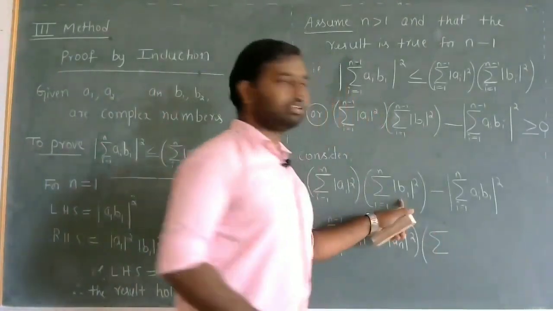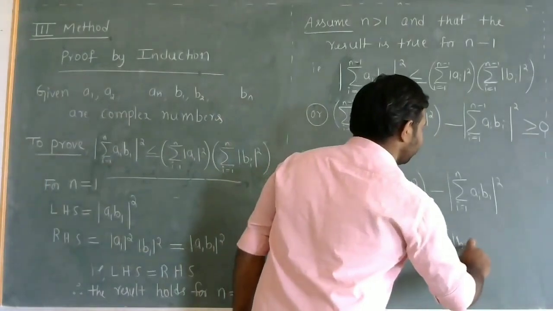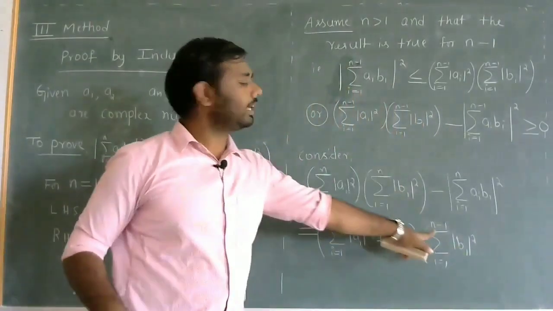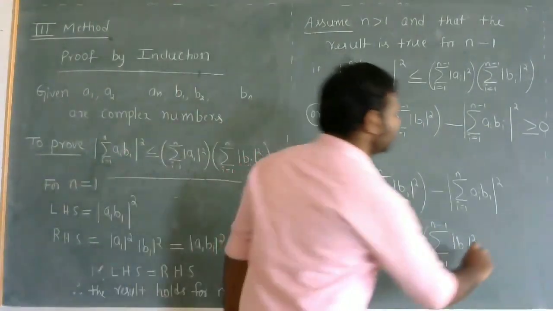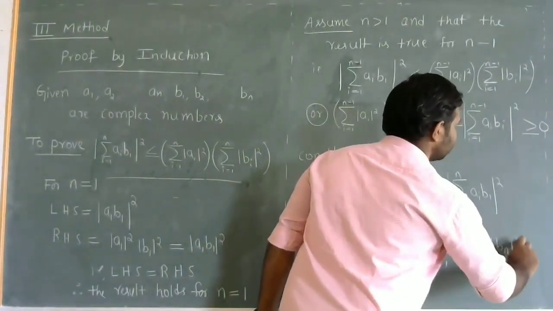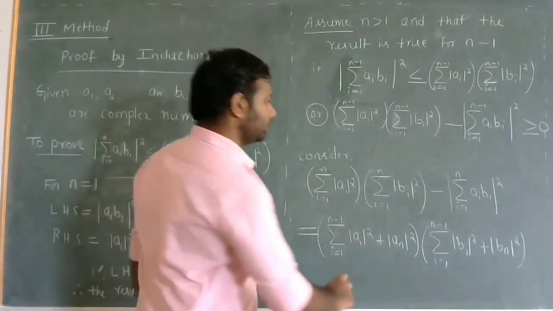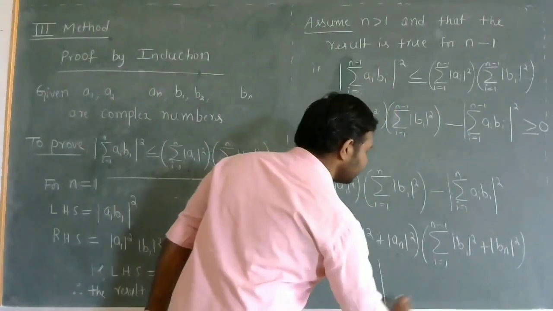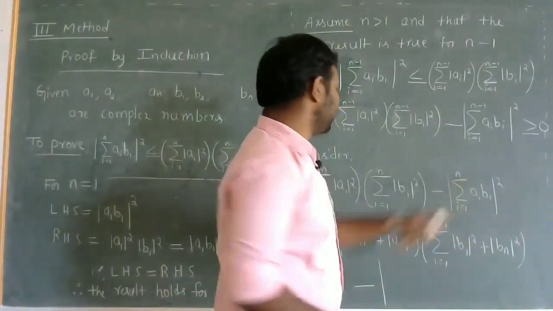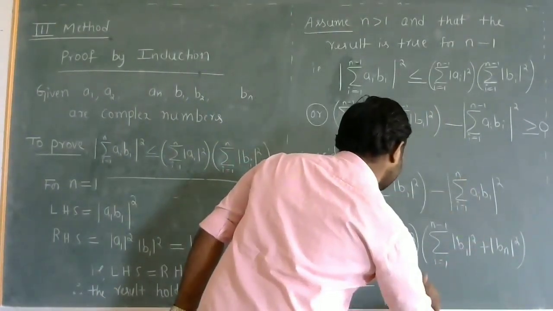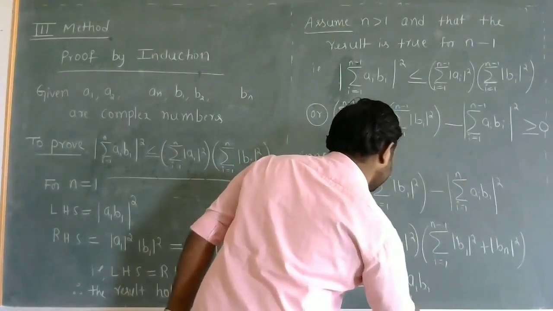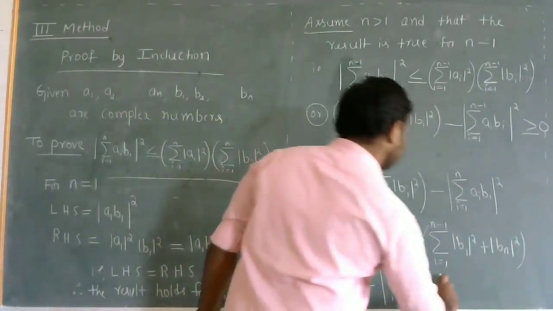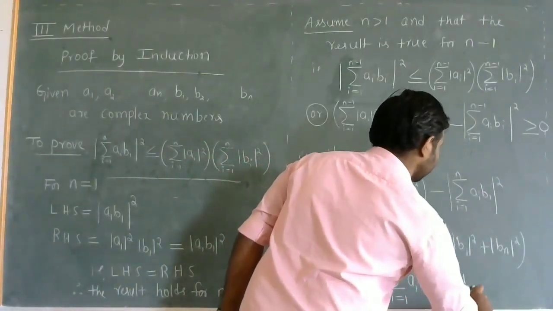Similarly here also, summation modulus of bi square, i running from 1 to n actually, but I am writing up to n minus 1 itself. So the nth term has to be outside the summation. Minus, here also the same thing, inside the modulus, summation ai bi, i running from 1 to n is there, just I'll write up to n minus 1, the last term separately.